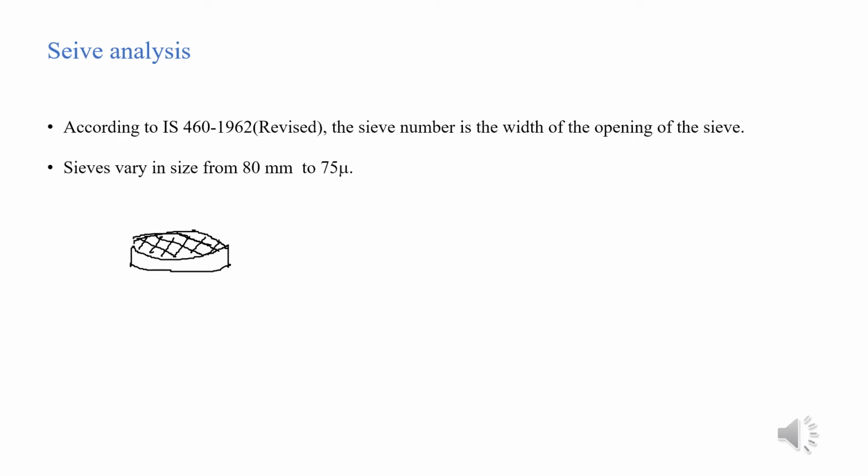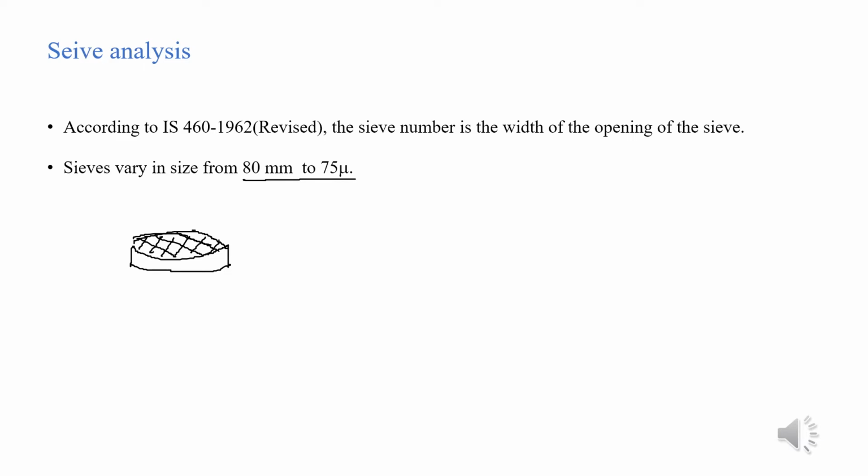According to the Indian Standard Code IS 460 1962 revised, the sieve number is basically expressed as the mesh width, or the width of the openings. They are expressed in either millimeters for large size sieves or in microns for smaller size sieves. For Indian standards, sieve size may vary from 80 millimeter to 75 micron.